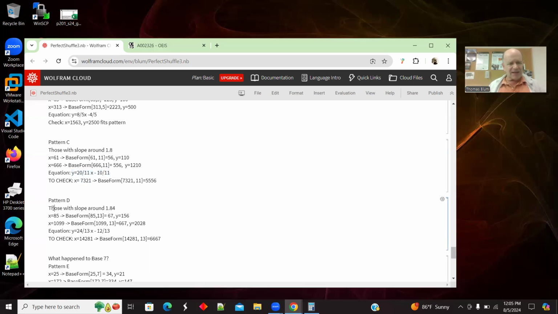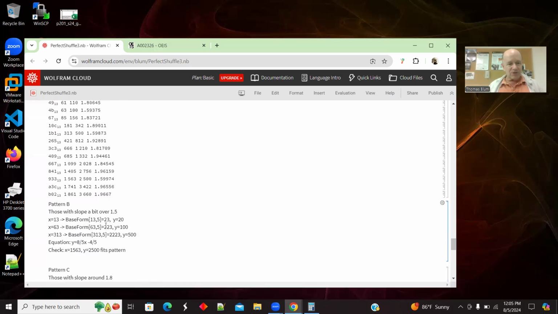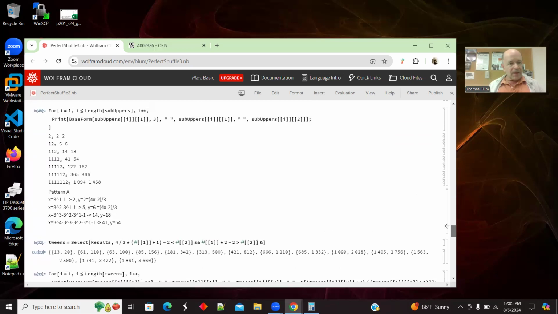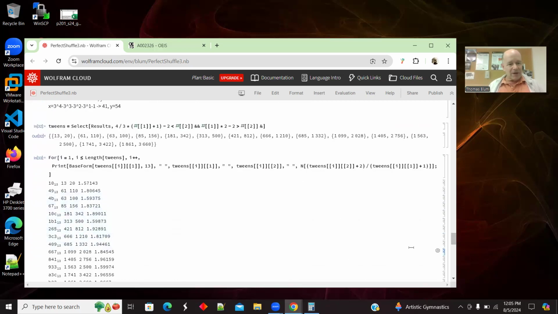Then next I gathered the ones with a slope of around 1.84, and played with base 13. The 85 in base 13 was 6-7. And that seemed to be another pattern, where the pattern was 1-1-1-2, 1-1-1-1-2.